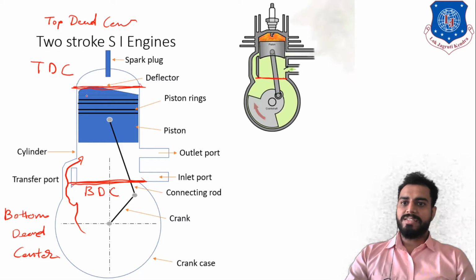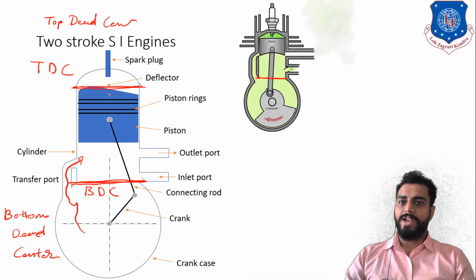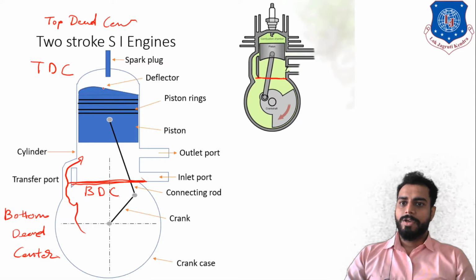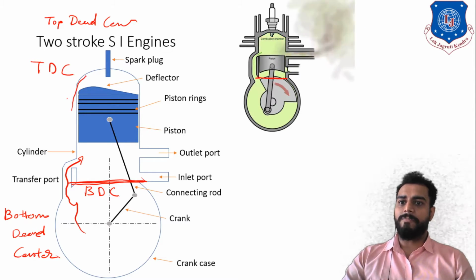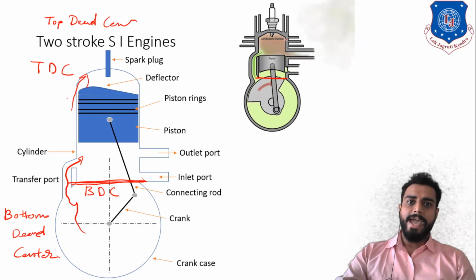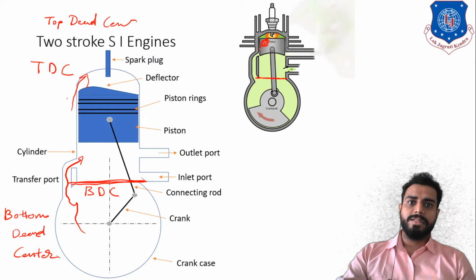Now you can see that piston has some deflector, like this. So this deflector will deflect the fresh charge in the upward direction, and this fresh charge will come over here in this cavity.